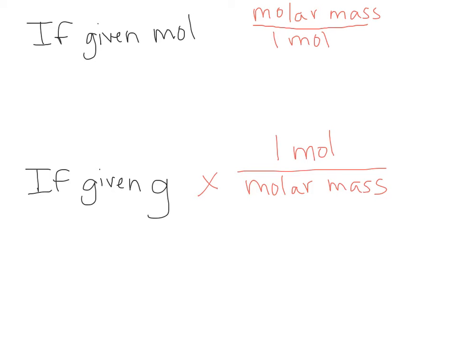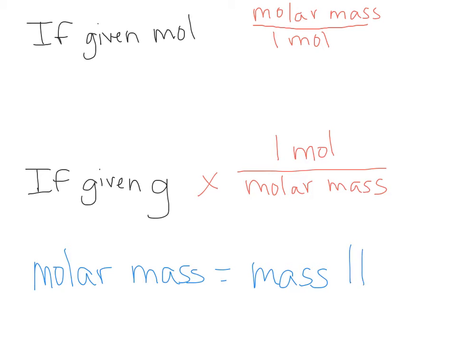And of course, the molar mass is equal to the mass number. So that's the number found on the periodic table, the big one, the number of protons and neutrons. So for example, in 1 mole of neon, if we look at the periodic table at the noble gases on the far right, in 1 mole of neon, you have 20.179 grams of neon.